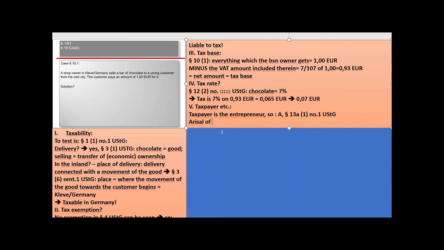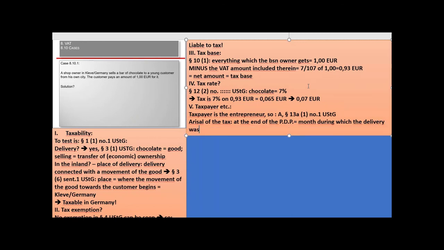Arising of the tax: at the end of the preliminary declaration period, that is the month during which the delivery was made. That basic rule is to be found in 13.1 number 1 USDG.